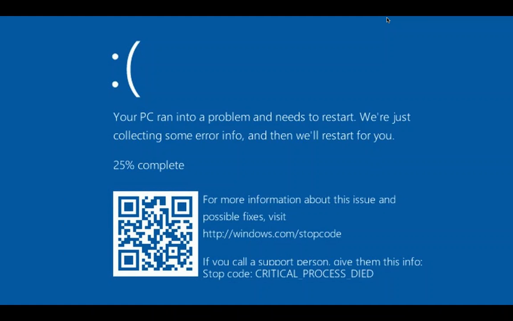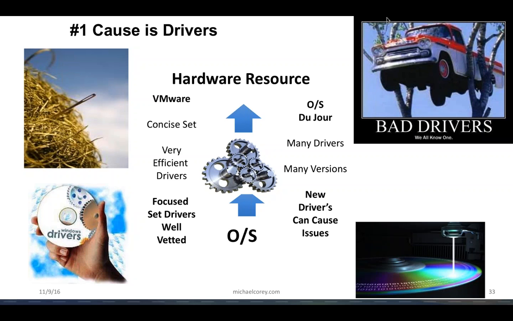How many people had the privilege of getting the new blue screen of death? Well, I'm on a Mac, but this point really illustrates something really important. I want you to think about what's the #1 reason you get the blue screen. And the answer, we'll give it a second, drivers. In the physical world, no vendor can possibly vet all the drivers, all the permutations possible.